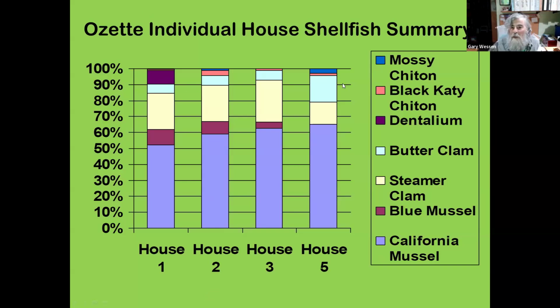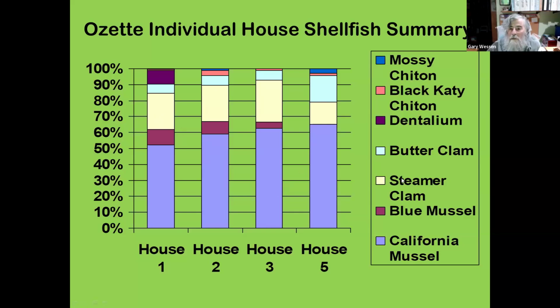No other house has any. This is a high status house because there's a couple of hundred of them here. Beyond that, house 1 has dentalium and none of the others do.